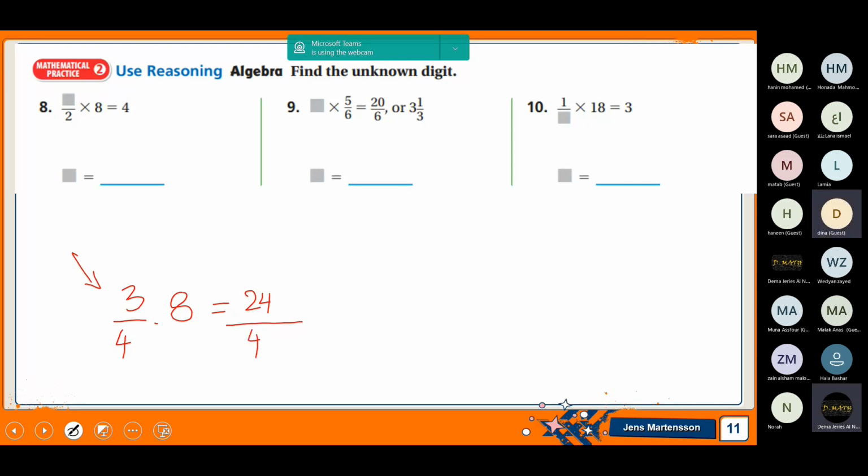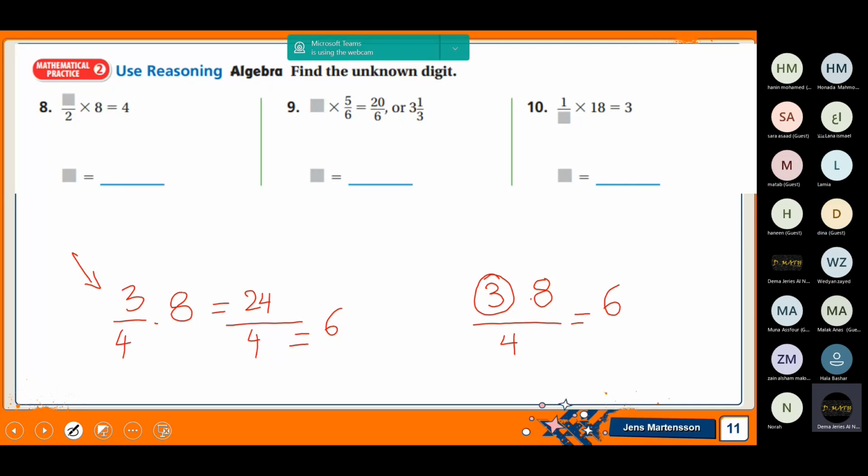Now 24 divided by 4 equals 6. So if I ask what number you multiply by 8 over 4 to get 6, the number will be 3.